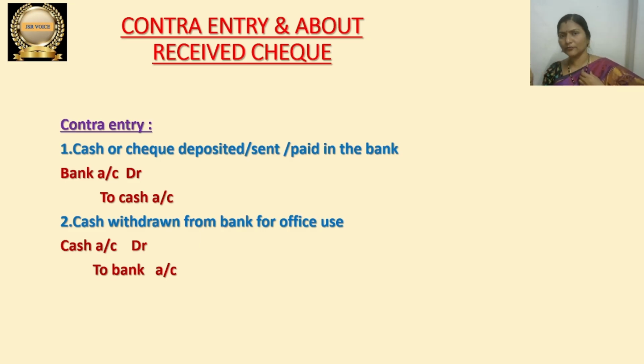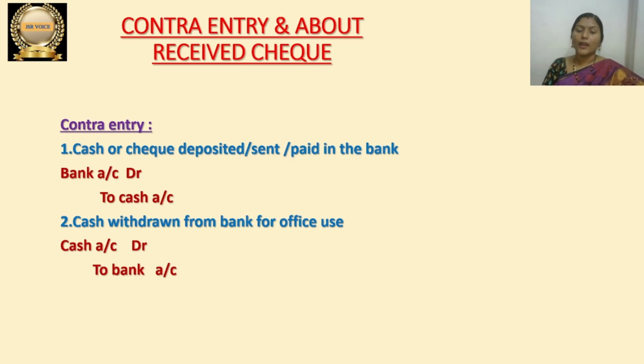If they don't mention for office use also, no issues, but for personal use is not treated as contra entry. They can mention like this, cash withdrawn from bank, that is contra entry, second contra entry. If they mention cash withdrawn from bank for office use also is a contra entry. For personal use, for domestic use is not a contra entry, remember that.